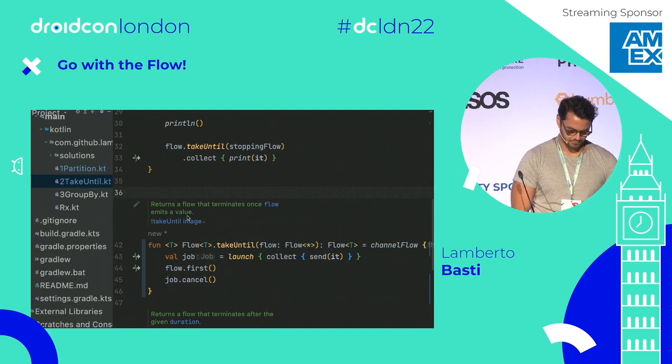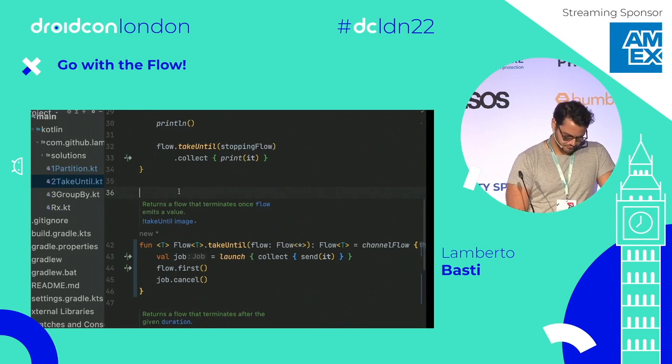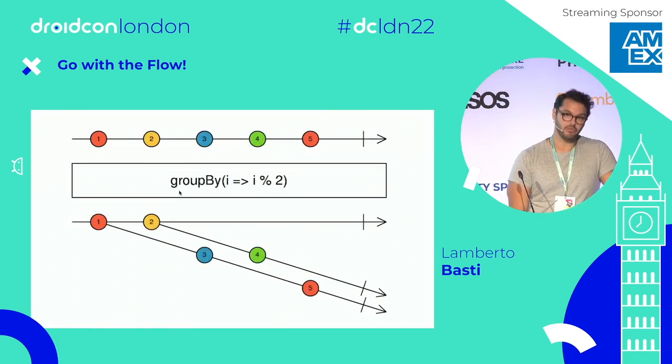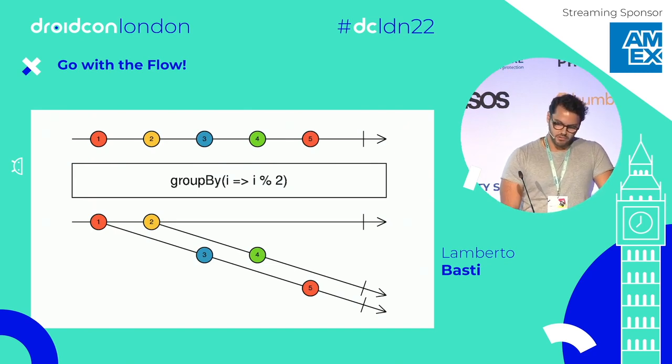So, yeah. Now, let's go to something more complicated this time. Let's go for groupBy. This function is actually pretty useful. Given the upstream flow, we pass a function to the operator which creates a key given the value.